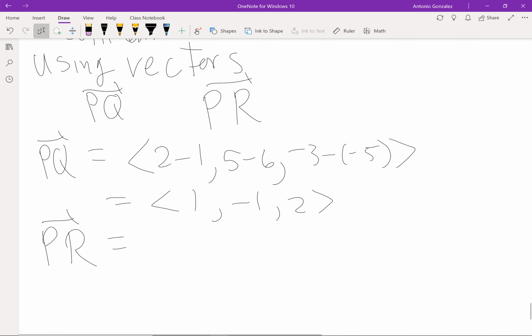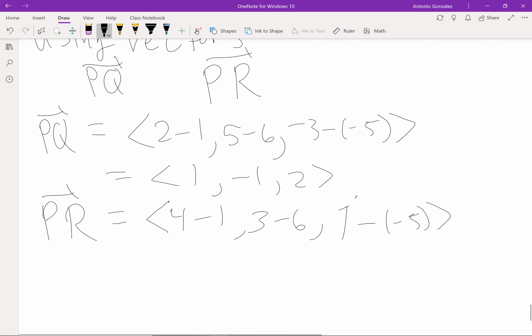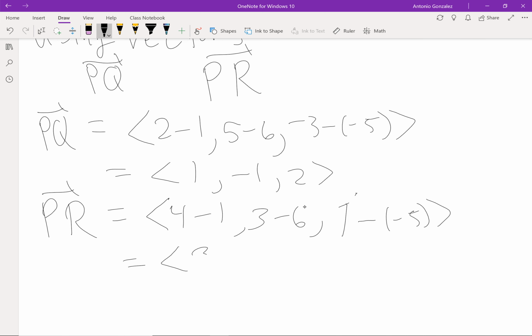That is going to be 4 - 1, 3 - 6, and 1 minus a -5. That gives me the vector 3, -3, 6.